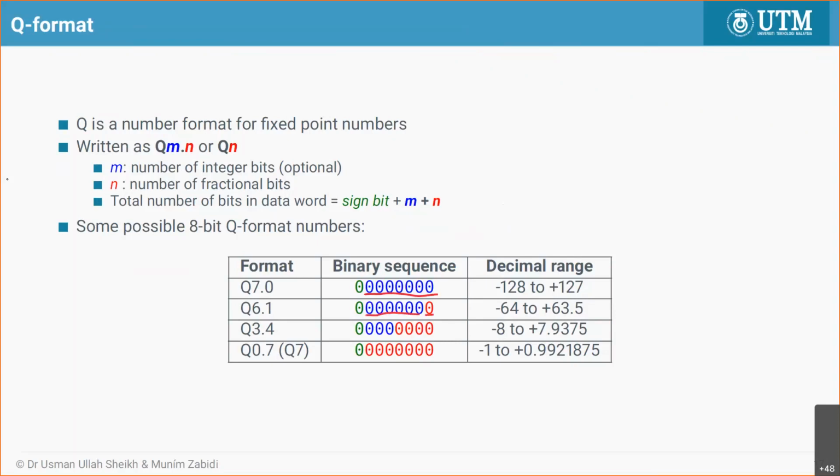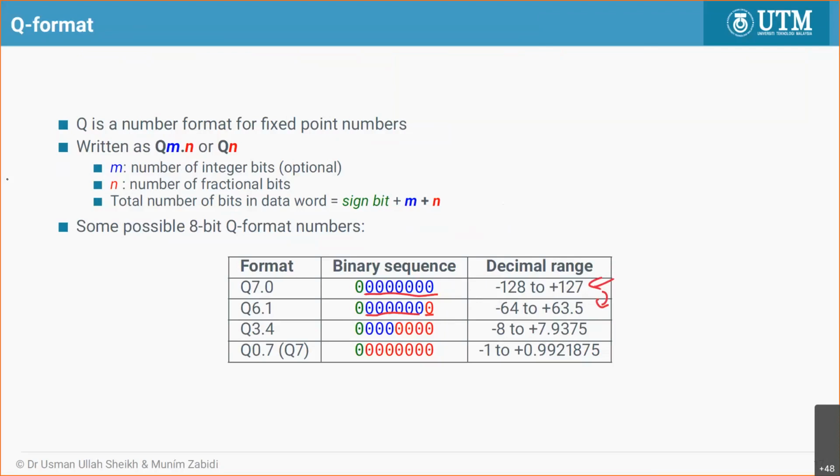So now the range, instead of minus 128 to plus 127, becomes minus 64 to plus 63.5. Basically, these numbers are divided by 2. Then we can also have Q3.4, 3 bits integer, 4 bits fraction, and Q7 or Q0.7.